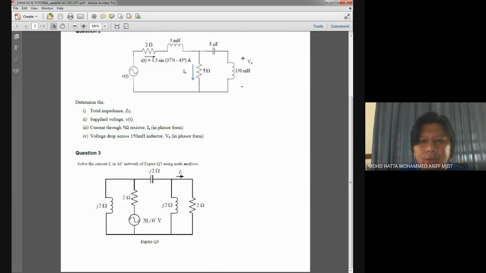To solve Ix using node analysis, first you look at the question and you'll see that we have 5 elements, all written in their reactance and resistance values. So you don't need to calculate the value of reactance. For example, for the capacitor you don't need to calculate Xc because it's already given, and also the reactance for the inductor, it's given in XL value.